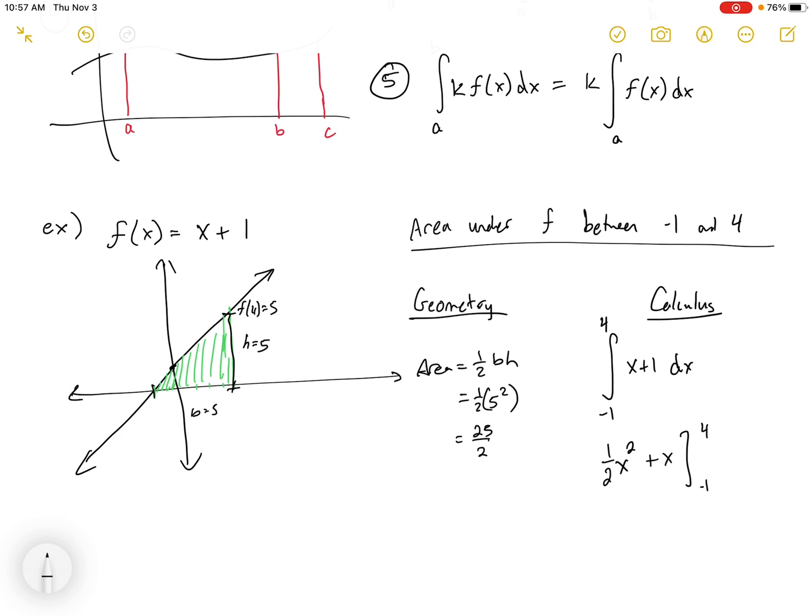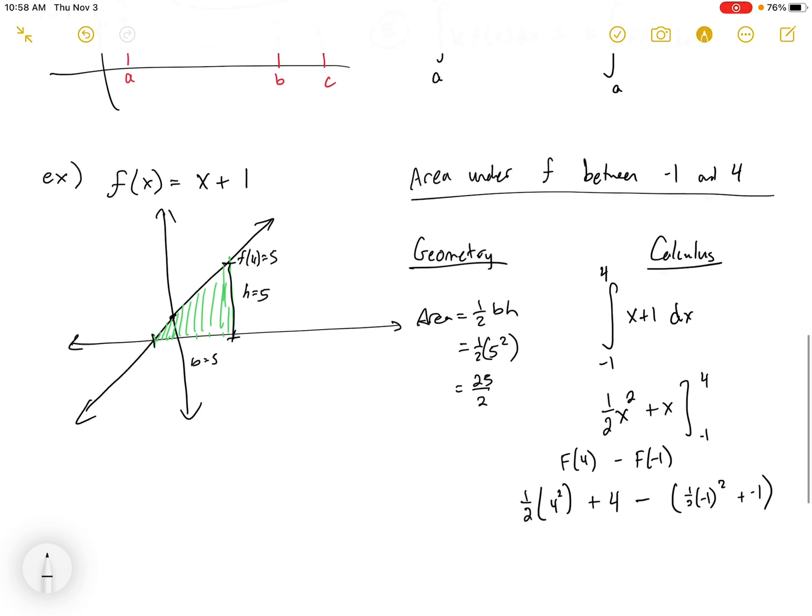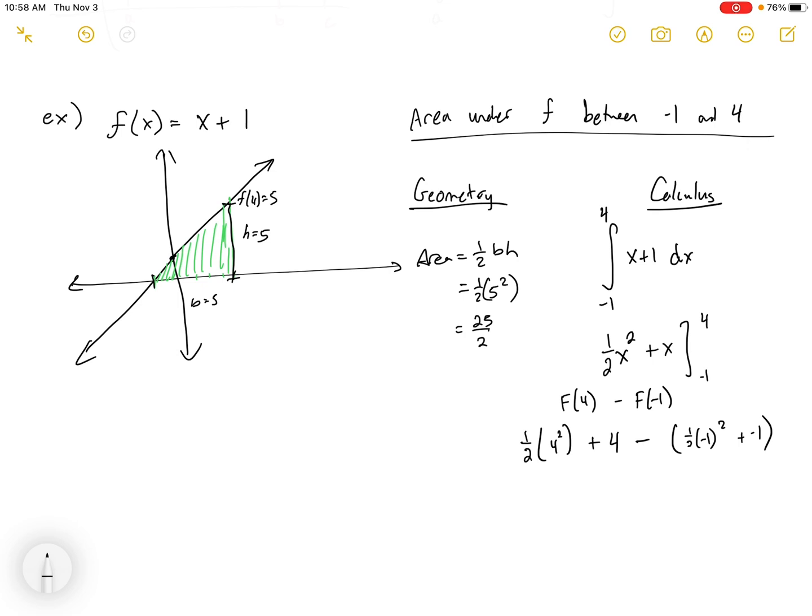And what that means, again, is that we take F of 4, F being the antiderivative, minus F of -1, which is 1/2 times 4 squared plus 4, minus 1/2 times -1 squared plus -1. So what is this thing over here? This is just 8 plus 4.